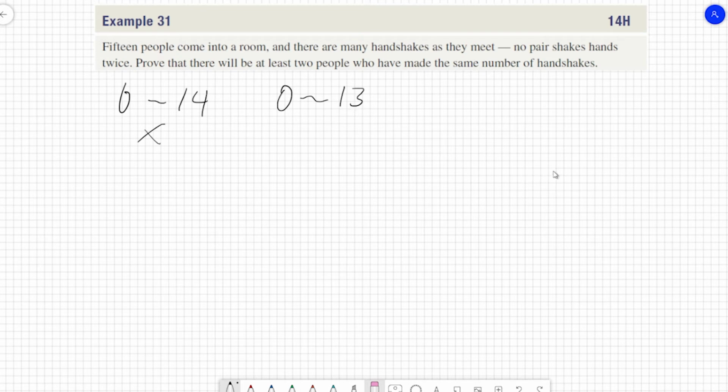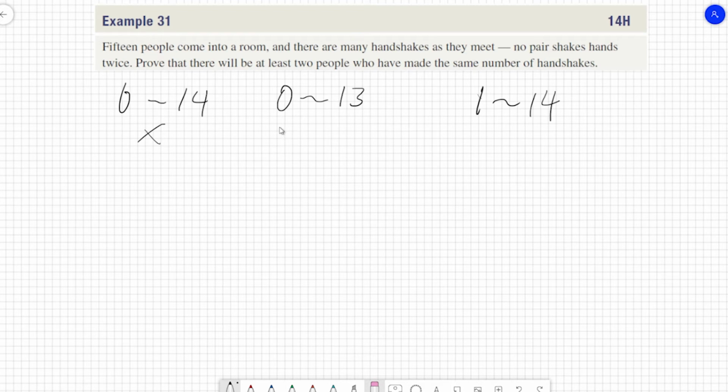And if someone has shaken hands with everyone else, then there can be no person in the room who has shaken no hands. So at minimum, one person will have shaken hands with the person who shook everyone else's hand. So the next range is 1 to 14. These two scenarios are mutually exclusive.